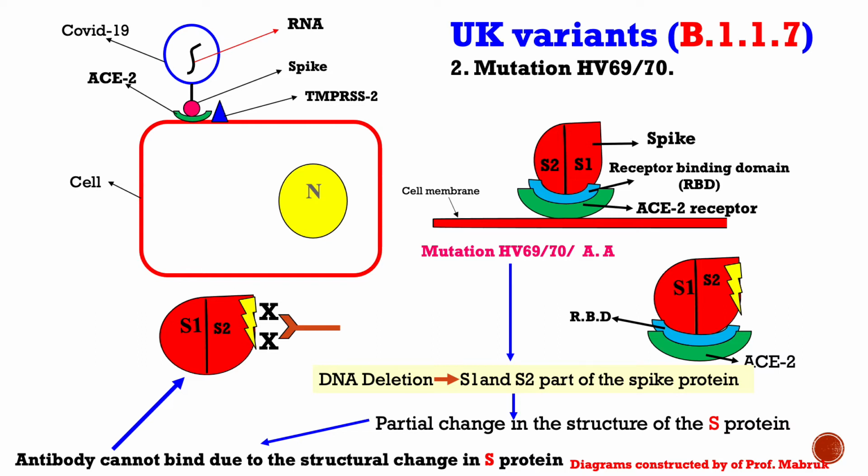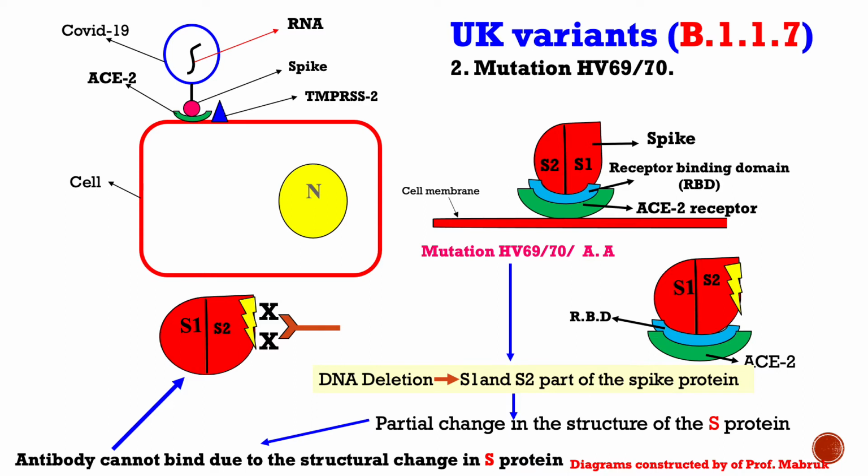So if you get a vaccine, you generate neutralizing antibodies. This neutralizing antibody, they can neutralize the coronavirus COVID-19, but they are less efficient. So the efficiency of the vaccine, say for example the Pfizer vaccine, could be 90% for the original coronavirus COVID-19.